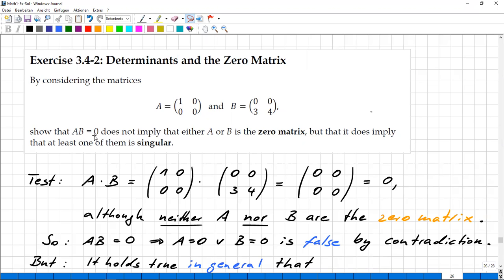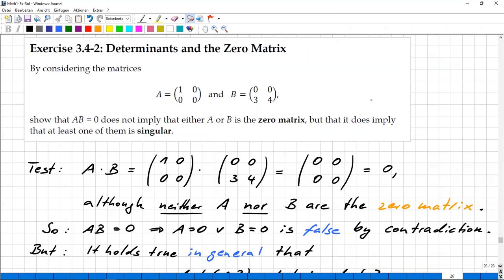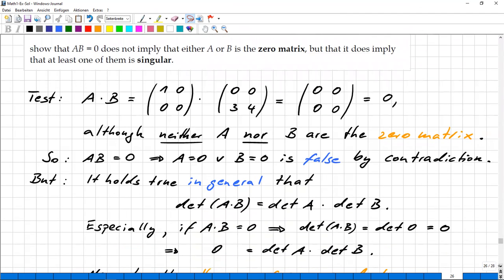The second one is more interesting. This is just a result from just now: AB equals 0 implies A equals 0 or B equals 0 is false by contradiction, because we found a counterexample. Now, why does it hold in general that one of the matrices must be singular in order for their product to be the zero matrix?